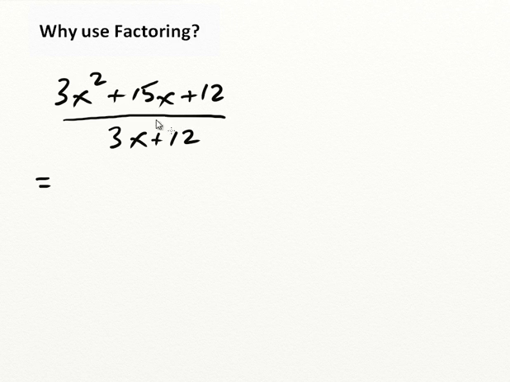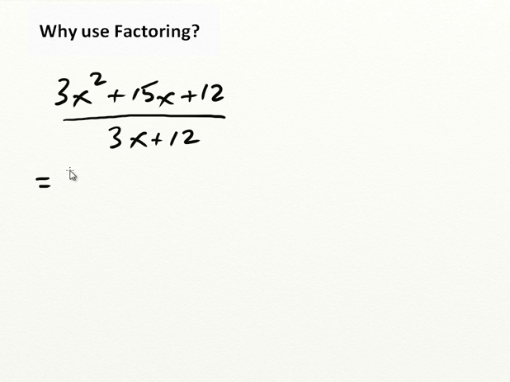If I was to factor the top, and again, we're not going to show you how to factor here, just what factoring is used for. If you want to learn how to factor, just take a look at the other videos. So for this top, the first thing I can realize is that there's actually a common factor of 3 in all of these terms.